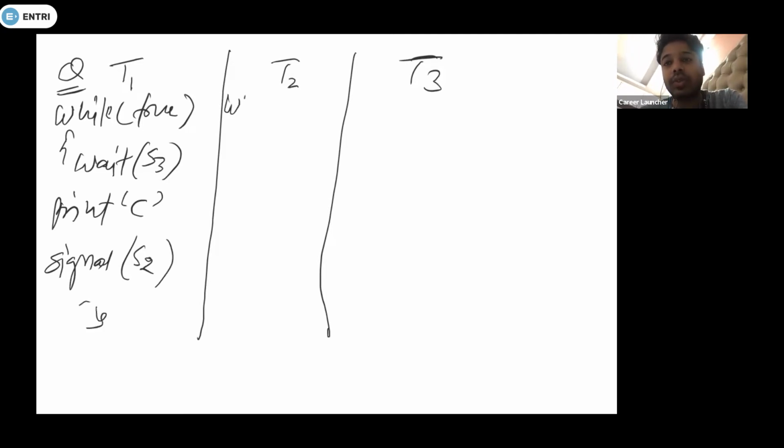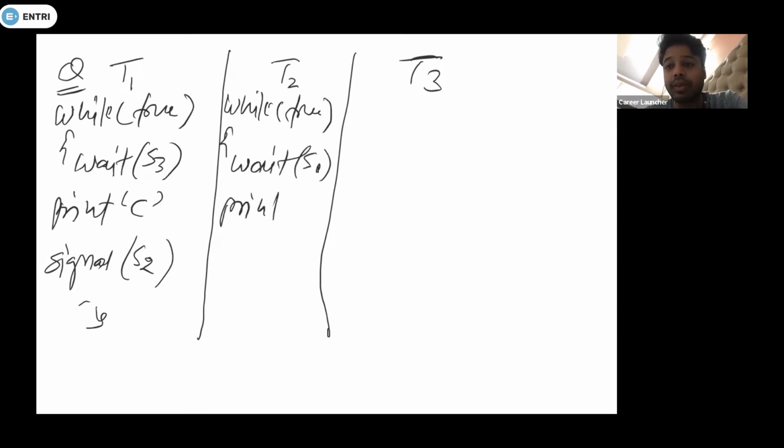T2: while true, wait on S1, print B, signal on S3.